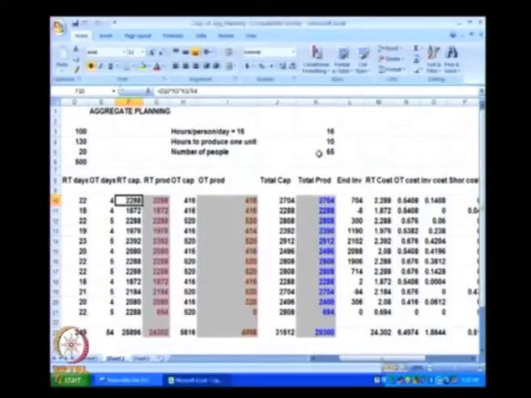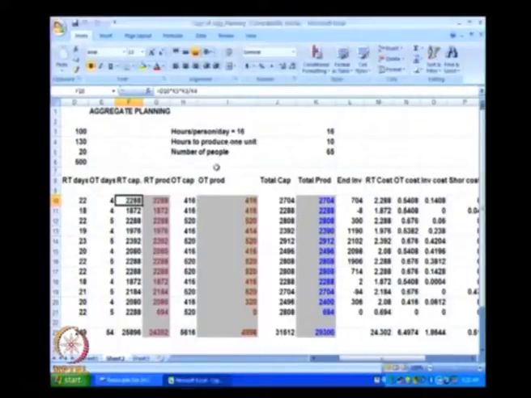65 people are working. Each person spends 16 hours in a day. So in a day we have 65 into 16, which is 1040, and then we assume that it takes 10 hours to produce a unit, therefore 104 units are produced in a day.